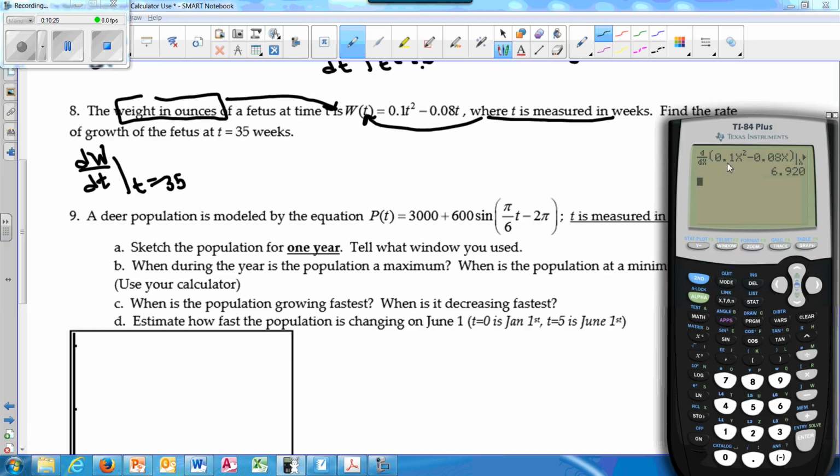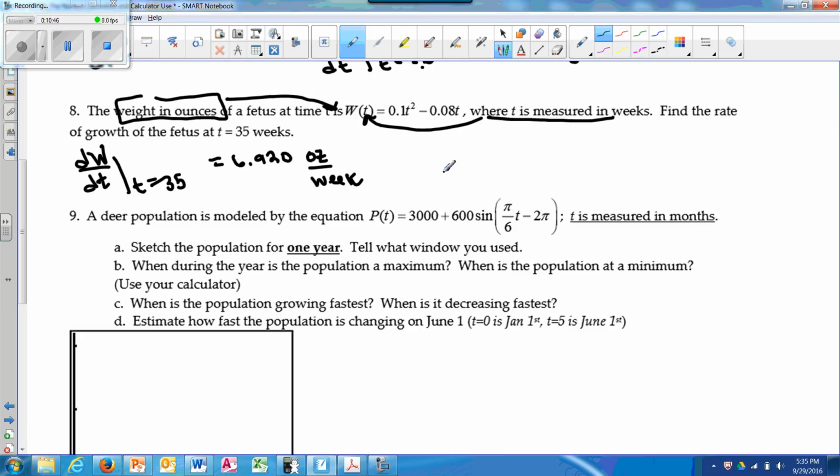So the derivative of w with respect to time, which we're calling x, at t equal to 35. The problem is when you start to do much of a string on here, it gets a little lost and it's a little harder to see what you're doing. It would have been easier to put it in our y1, but it's okay. And we got 6.920. Now remember, this was weight over time, so that was ounces per week.